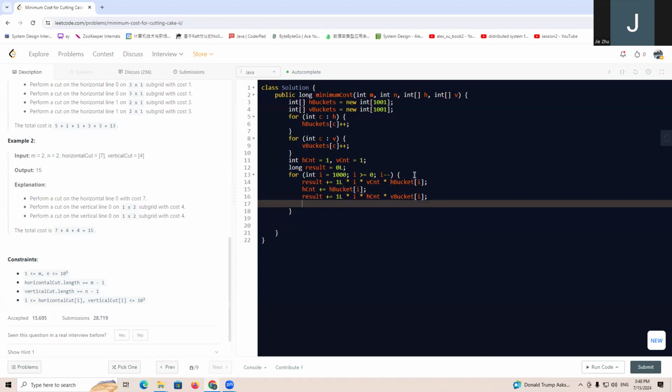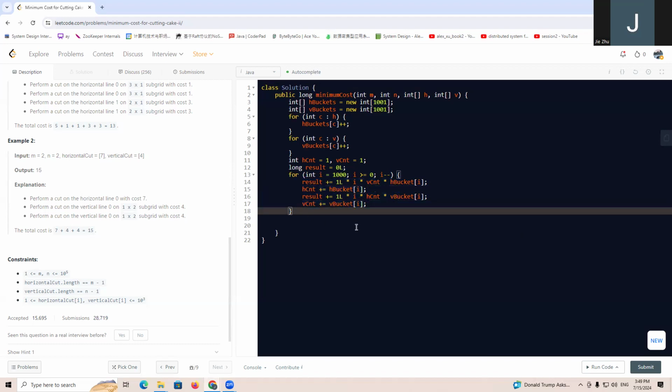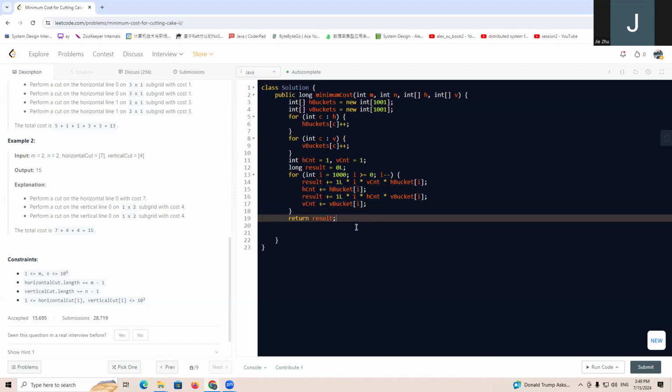So we'll have V count plus equal to V bucket i. But for this one in line 14 to 17, the order does not matter. Because we discussed the same cost: if the vertical and the horizontal have same cost, which one takes place earlier does not affect the result. So in the end, we just return result.